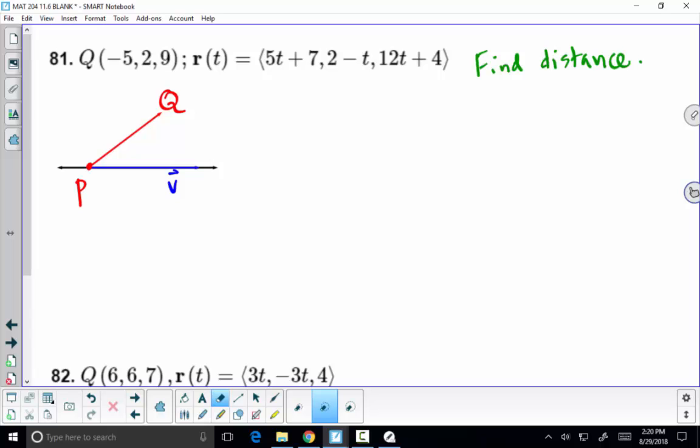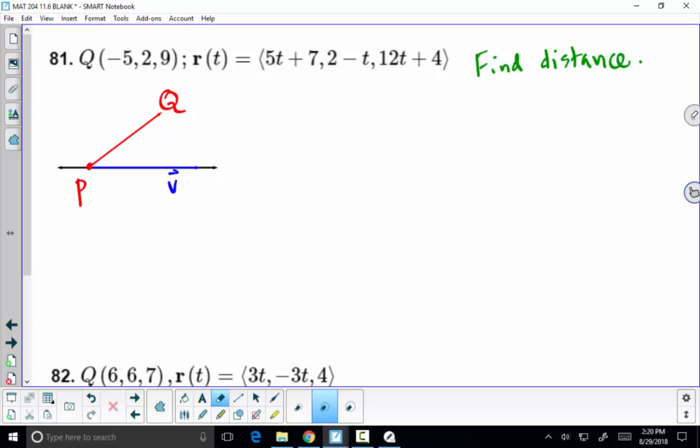This would be the negative of minus 1. It's 25 minus 12. Maybe 119.